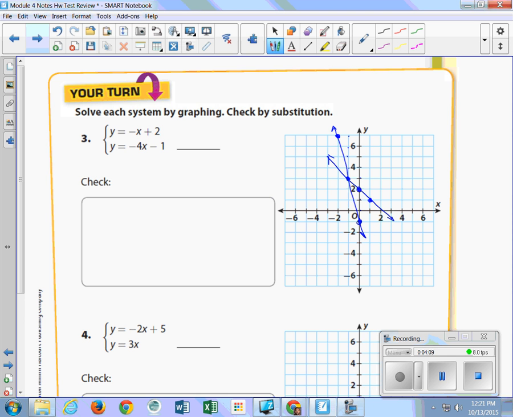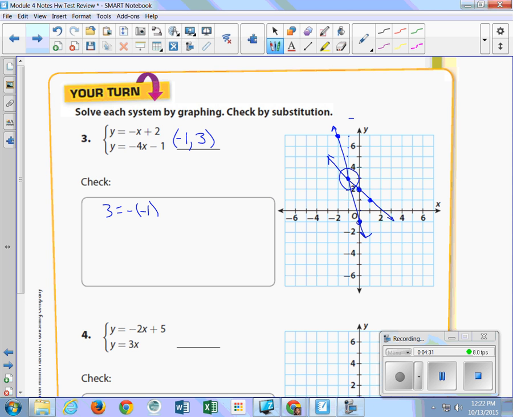Point of intersection, it's right here. So that is at -1, 3. I can check the solution by plugging x and y in. So 3 equals -1, because that's a negative x.